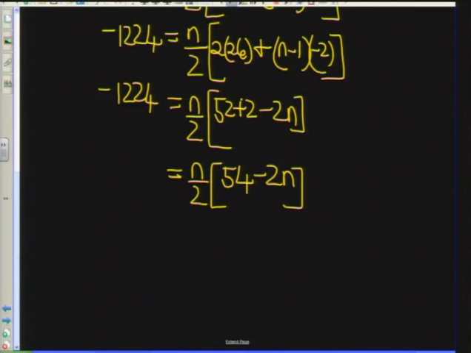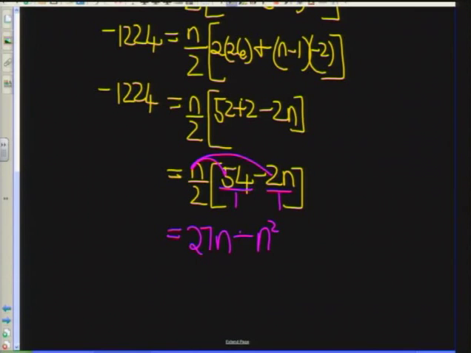Now what I need to do is distribute my n over 2 into the bracket, and that's not going to be hard. I'm going to say n over 2 times 54 over 1. Remember, it's over 1 like that. 2 goes into 54 27 times. So I get 27n, and I get negative n squared.